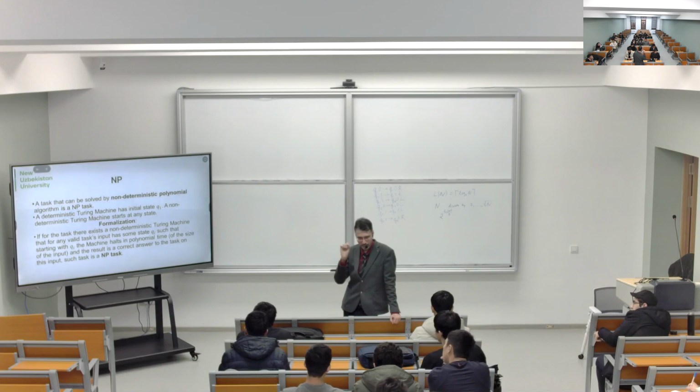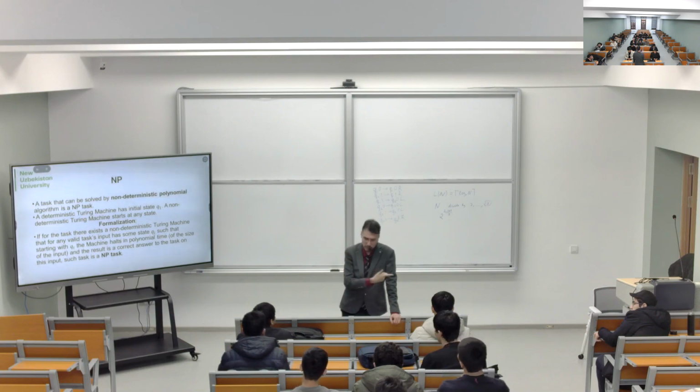Q1 was the starting state. Now let's not fix Q1. Let's have different states as a starting state. And imagine that from one of the states, given the input, you solve this problem in polynomial time.